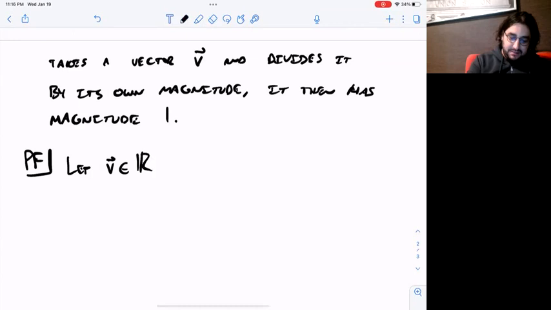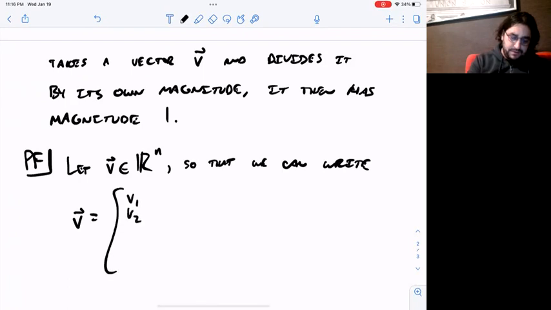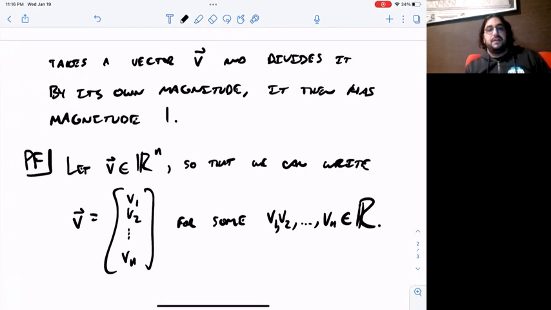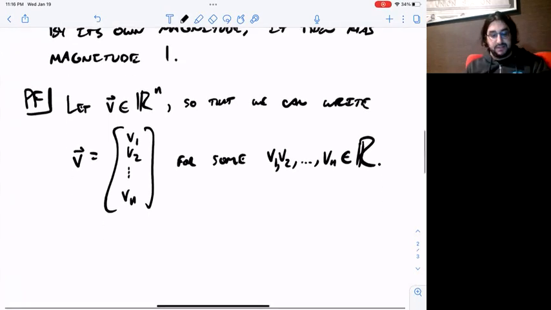Let v be an n-dimensional real vector, so that we can then write it with components: v equals (v1, v2, up to vn) for some v1, v2, up to vn in the set of real numbers. So this is our setup. We've now declared our variables. That's a very important part of doing a proof: establish the notation and say exactly what the notation means.